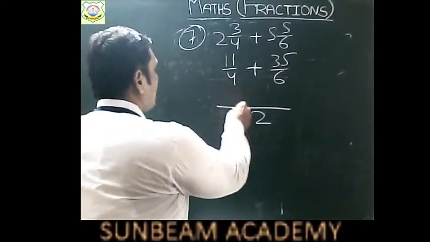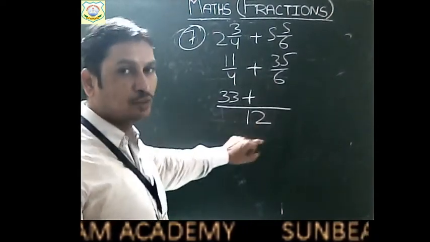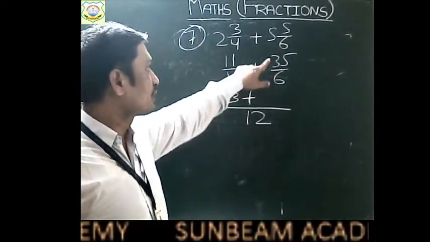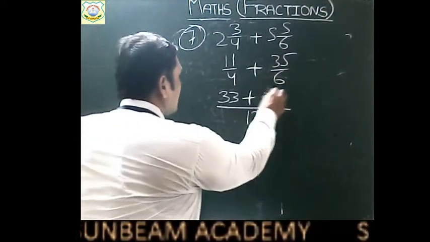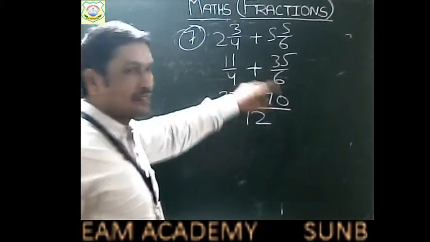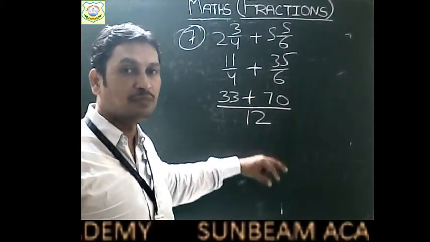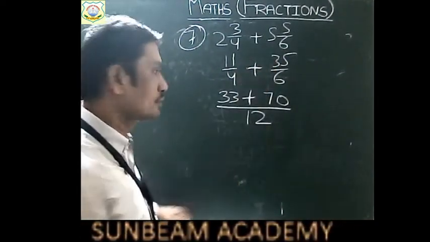Okay? So 11 3s are 33 plus 6 2s are 12. The denominator is increased 2 times here, so the numerator will also increase 2 times. So 35 2s are 70. So divide the LCM by the denominator, 6 2s are 12. 2 will come and then multiply the quotient 2 with the numerator 35. Okay.